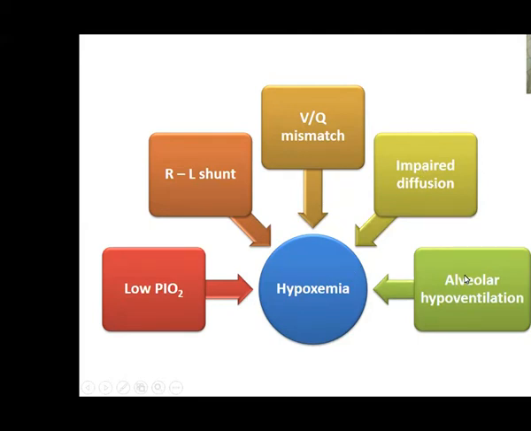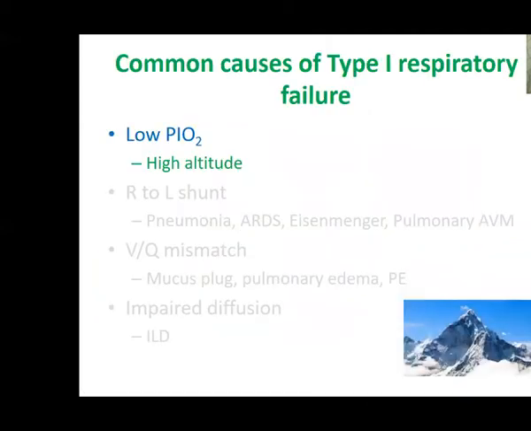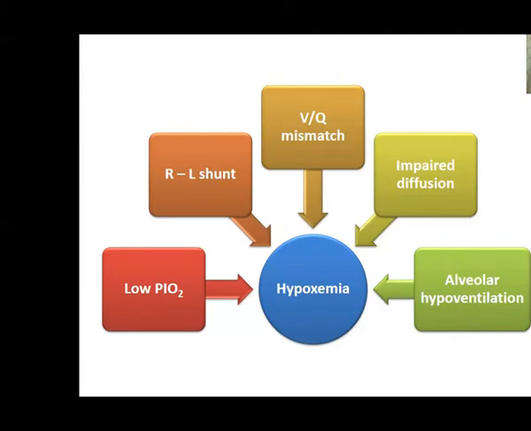Lastly, alveolar hypoventilation. Alveolar hypoventilation is basically when a smaller amount of oxygen is coming into the alveoli. Basically, alveolar ventilation is respiratory rate times tidal volume minus dead space. So if the dead space increases due to any reason, the alveolar ventilation reduces.